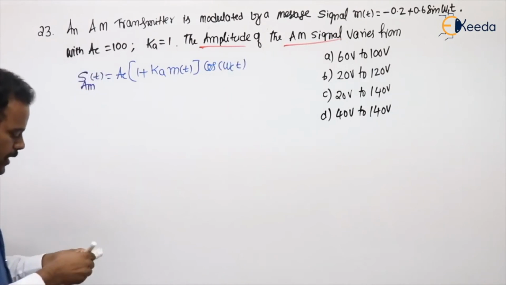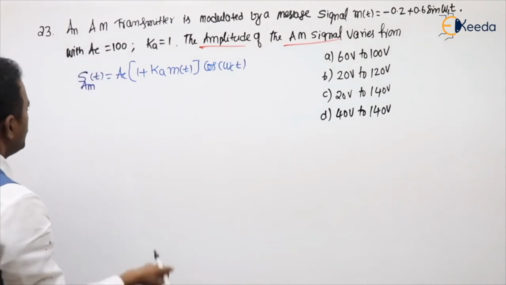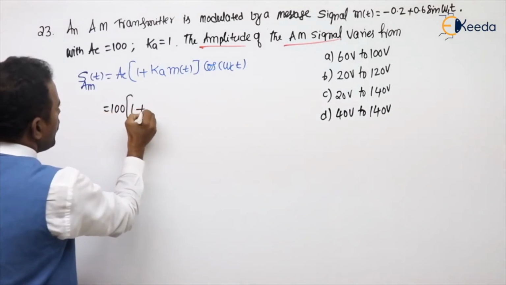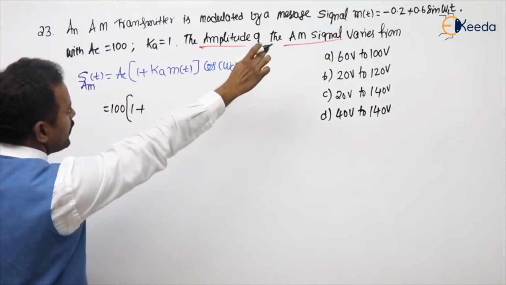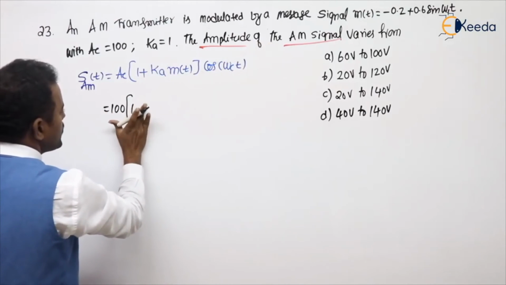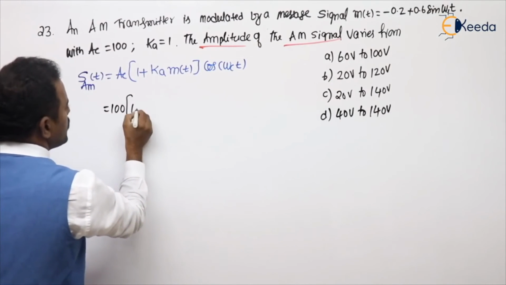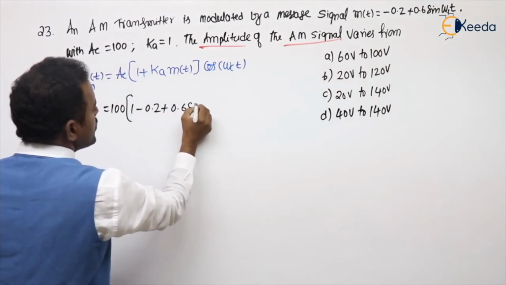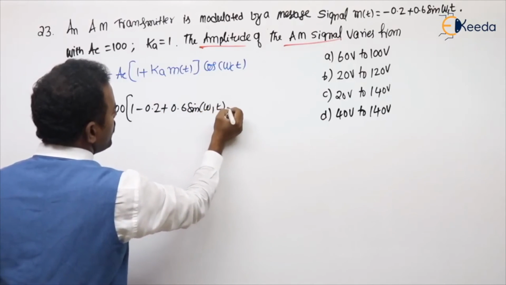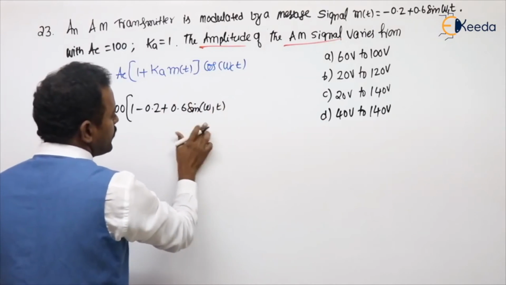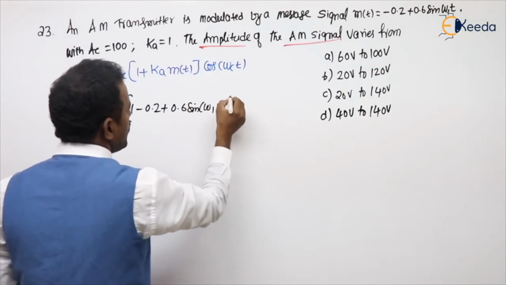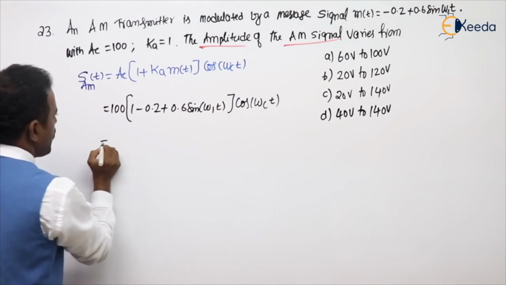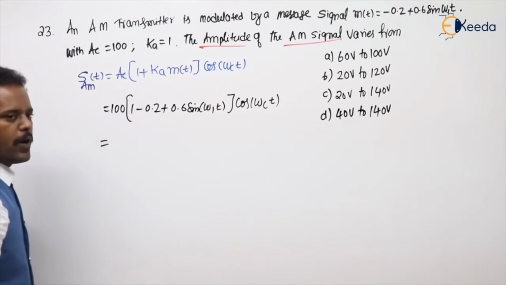Substitute all those and try to bring in a proper manner. AC value is given, 100, Ka value given 1, m of t given minus 0.2 plus 0.6 sin omega 1t, into cos omega ct. Don't bother about the phase changes and signs, I already told. If you make it proper, 1 minus 0.2 is 0.8.